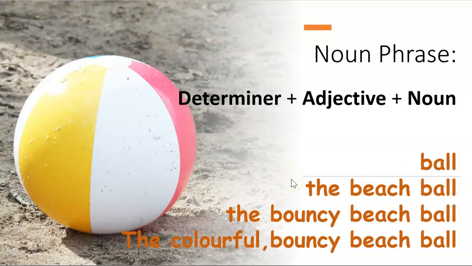We could make that into a noun phrase, and that would be the beach ball, my beach ball, her beach ball, this beach ball. And then we could expand that further by using more than one adjective, and that would be the bouncy beach ball. Try 3 adjectives. The colorful bouncy beach ball.